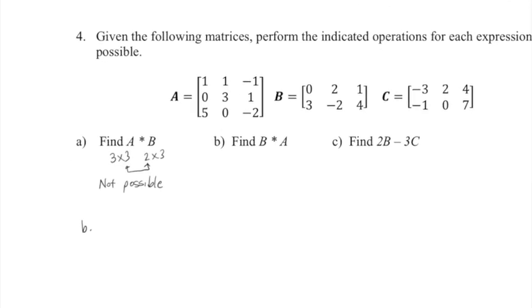Now for part B, we're going to do matrix B times matrix A. Well, I guess we should check first. Matrix B is a 2 by 3 and matrix A is a 3 by 3. So the inside numbers there match, so the multiplication is possible.